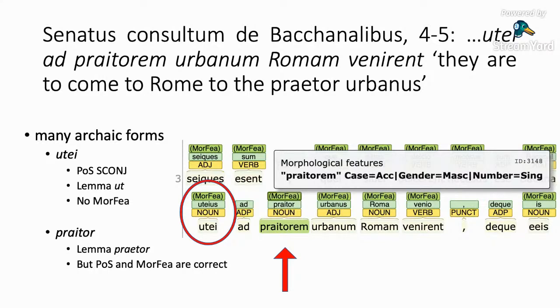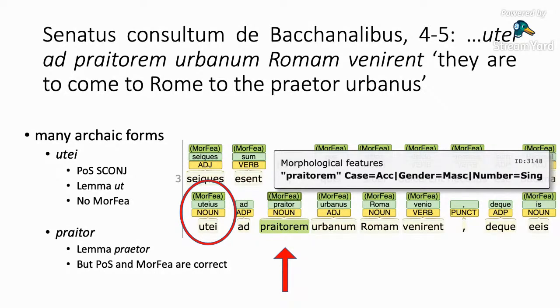Of course, this is completely wrong, because the conjunction shouldn't have morphological features. So this is a case where we need to correct. I will show you later, as we are going to do an exercise together, how you can correct an automatically annotated text and have the correct text.